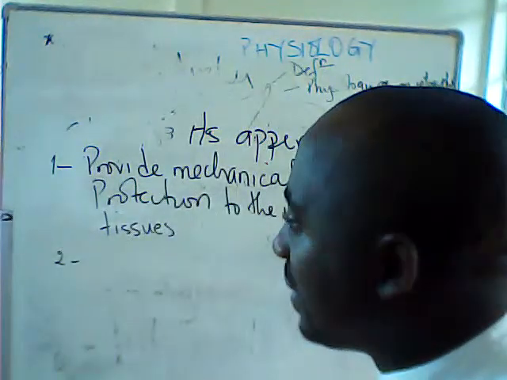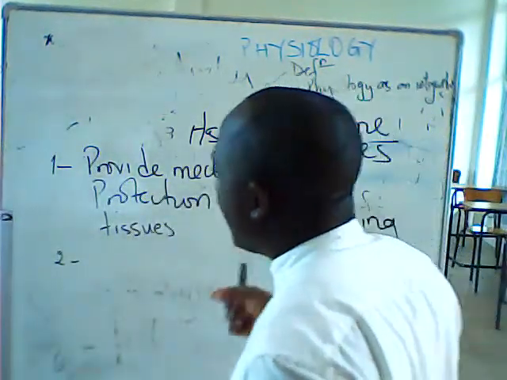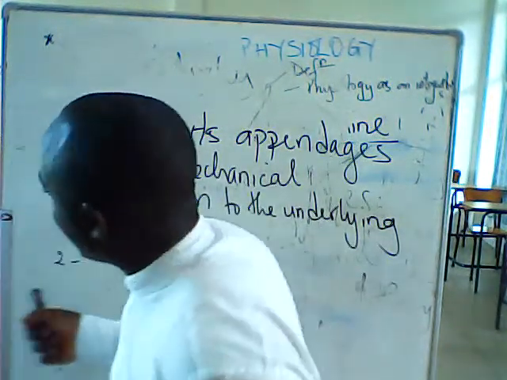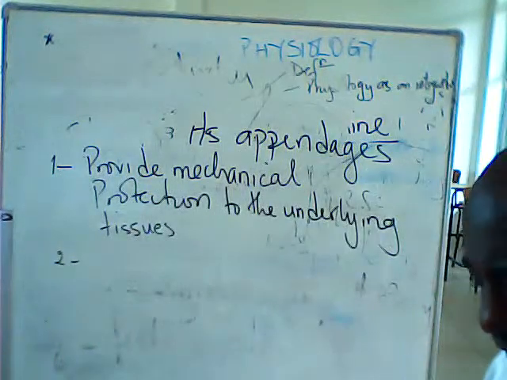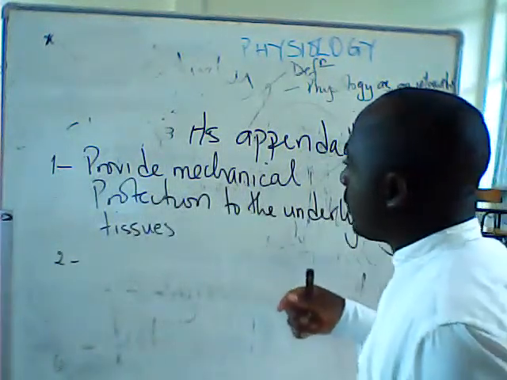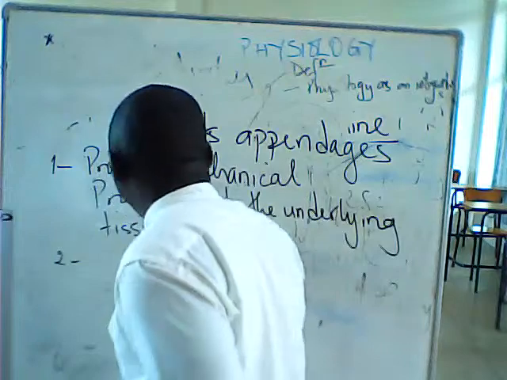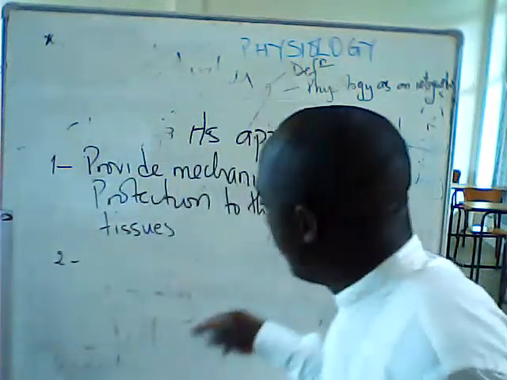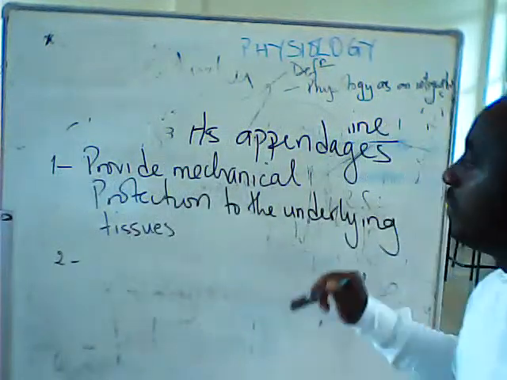And its appendages are the hair, the nails, the sebaceous glands, and the sweat glands. And what are the functions of the skin? First, it provides mechanical protection to the underlying tissues. So the first function of the skin is provision of mechanical protection.